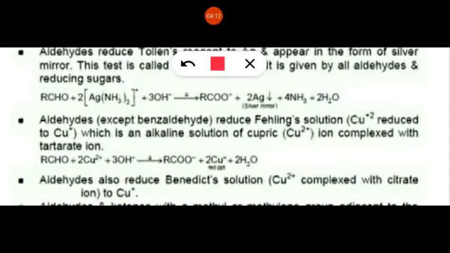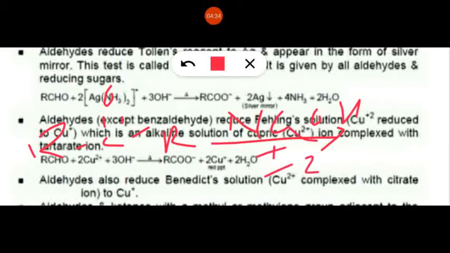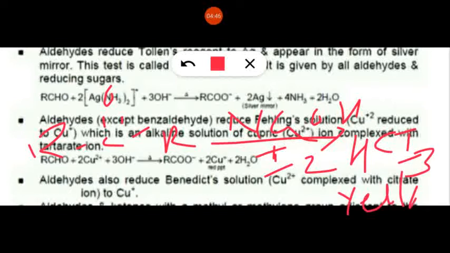But how will you distinguish ketone? Here there is only discussion of aldehyde. Ketone, that is RCOR, reacts with NaOH and I2, sodium hydroxide and iodine, to form CHI3, the yellow precipitate of iodoform.